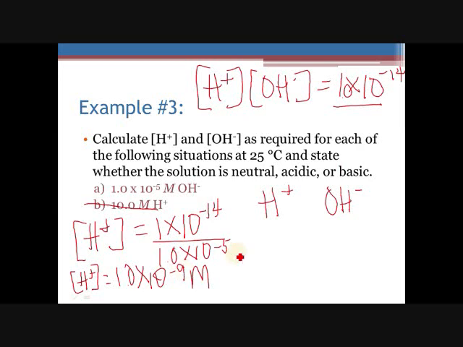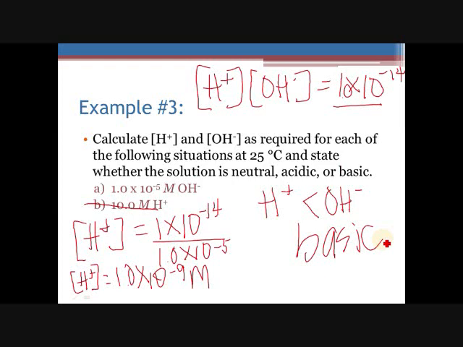Since they're negative numbers, the one closest to 0 is going to be the bigger one. So negative 5 is closer to 0, which means the OH is bigger than the H plus. The way I wrote it, I have to put my less than: H plus is less than OH. So since the OH is greater, the solution is basic.